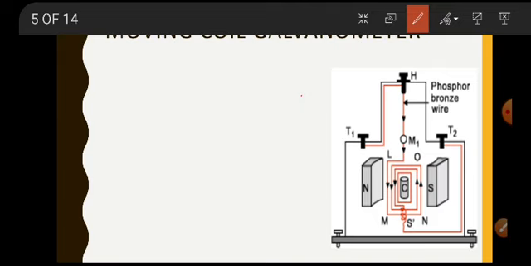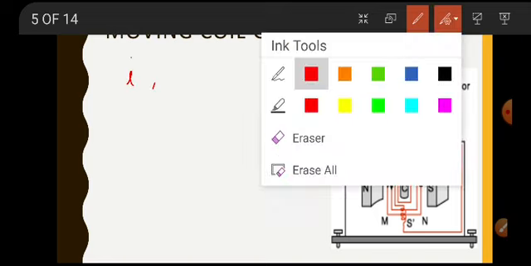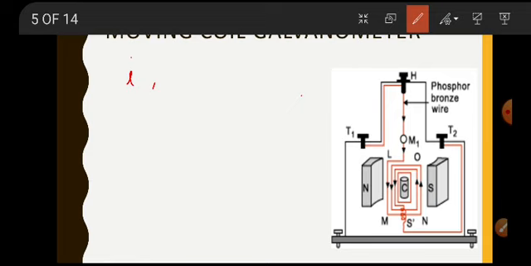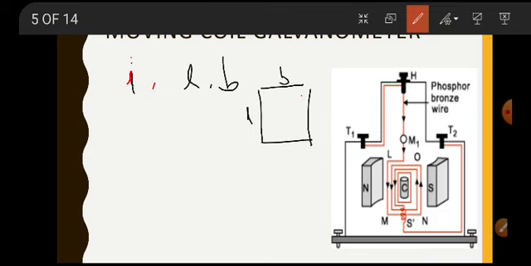Current through the coil is taken as I, the length of the coil, PQ and RS, is taken as L, and the breadth of the coil is taken as B. So this is the coil, this is L, this is B.